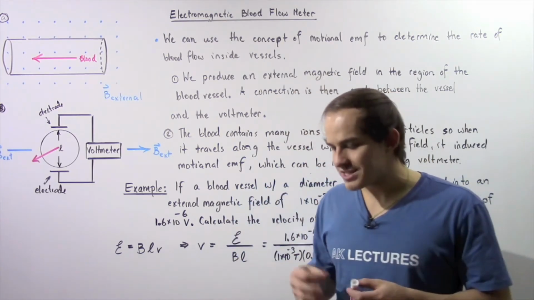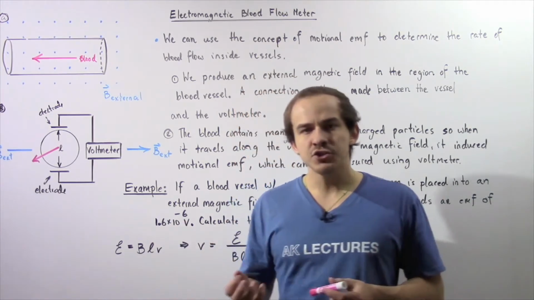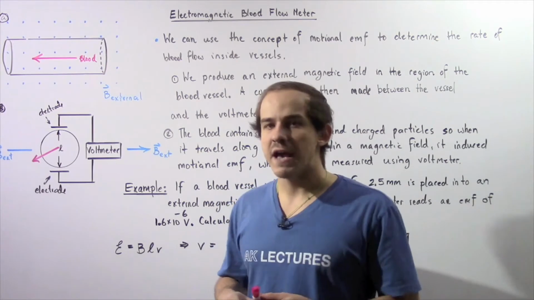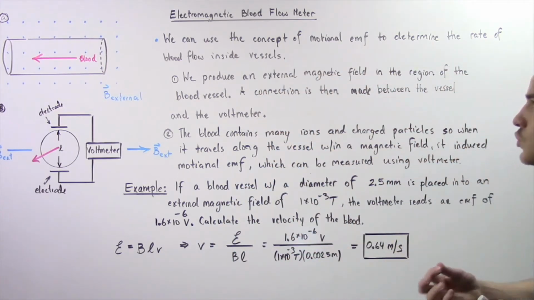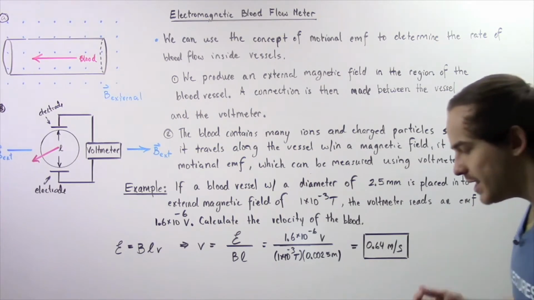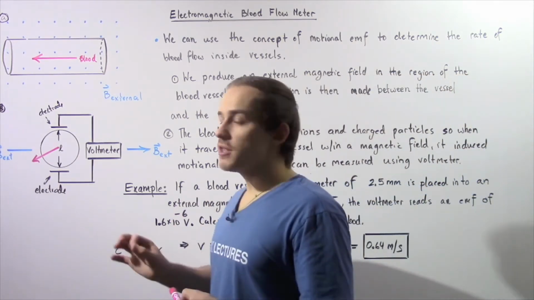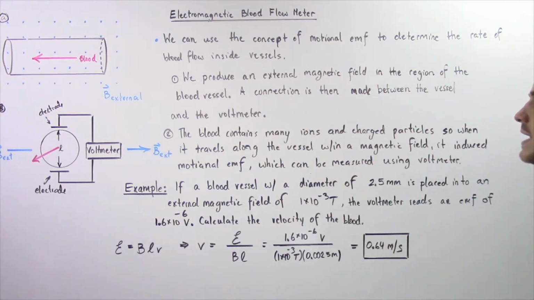Doctors and physicians use motional EMF to measure the rate of flow of blood within a blood vessel. This concept is known as the electromagnetic blood flow meter. So we use motional EMF to determine the velocity of our blood within our blood vessel.